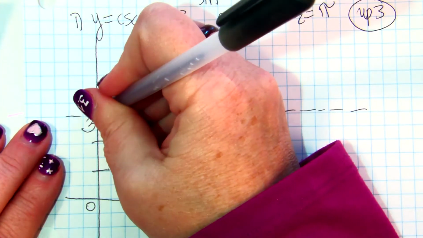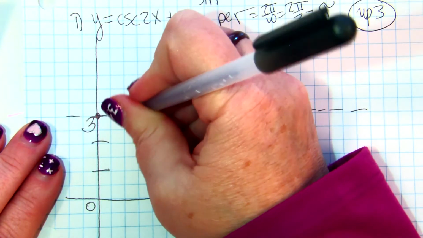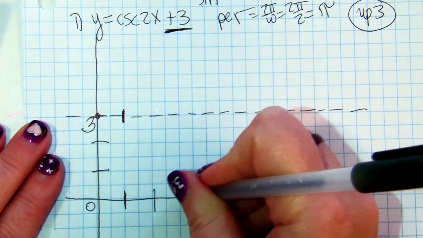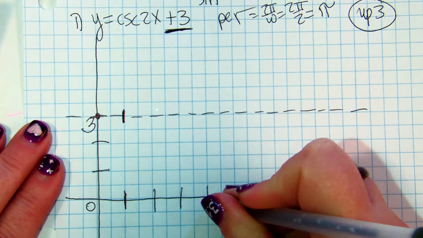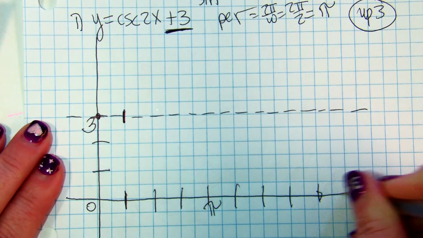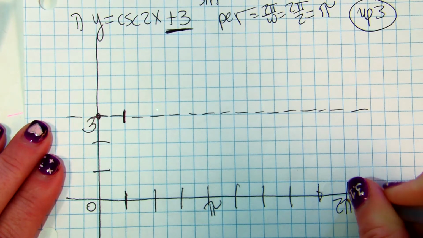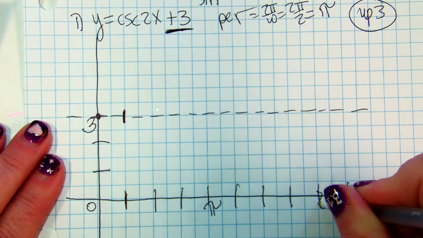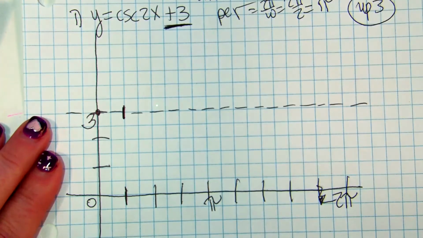So sine starts here. We have to mark off our marks. I should do that down here. 1, 2, 3, 4, pi. 1, 2, 3, 4, 2 pi. Oh, it's right there. Okay.